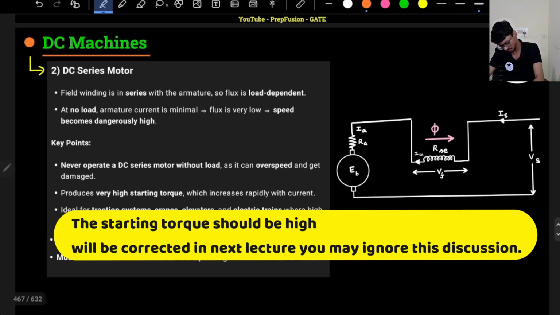This statement is wrong. It does not produce high starting torque, because it produces very low starting torque which increases rapidly with current because it is proportional to current square. So actually, it initially produces low starting torque, then it increases very rapidly.